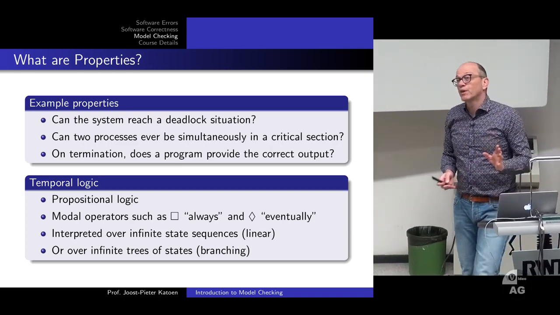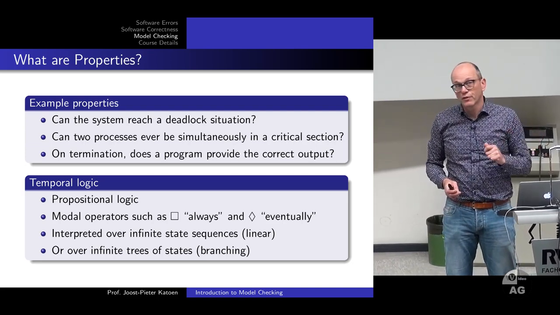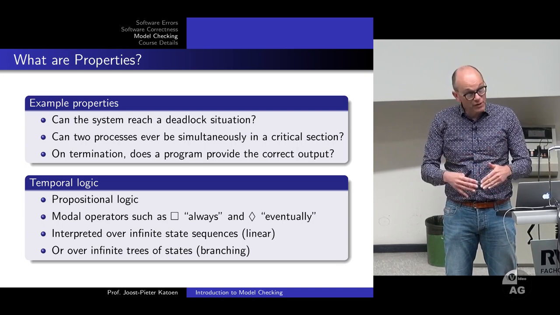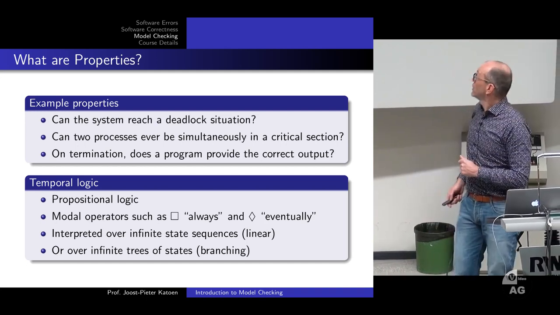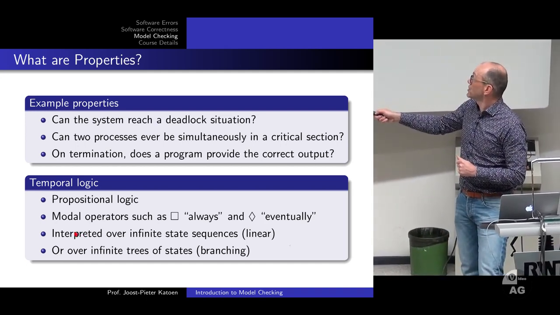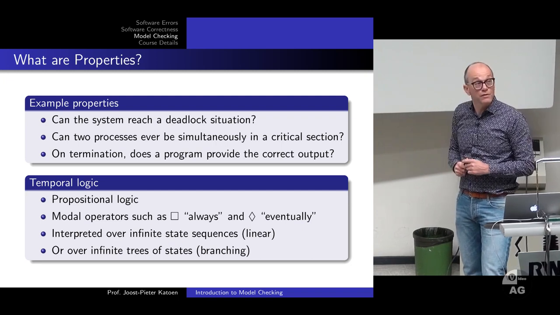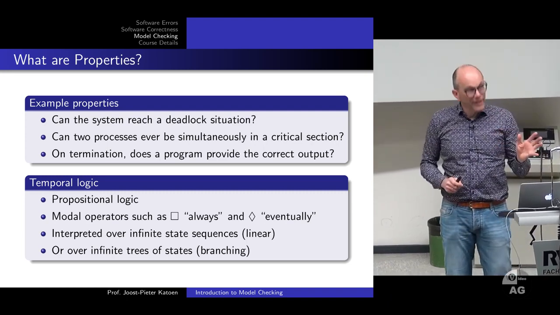The main paradigm shift with the lecture you are aware of in automata theory is that now we go from finite words, finite state automata, to infinite words. So we're going to interpret these kinds of formulas not on finite sequences but on infinite sequences. That's one paradigm. They call this the linear paradigm.